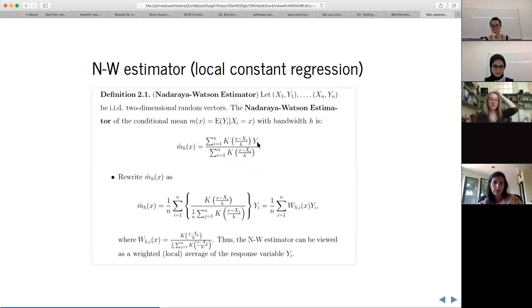Y is your response, and this gives you an estimate of m hat, your conditional mean. Note that this slightly scary expression can be written as weights times Y, 1 over n times the sum of weighted Y. It's just a weighted average of the observed response. So this is what an NW estimator does: it's a weighted local average of the response.